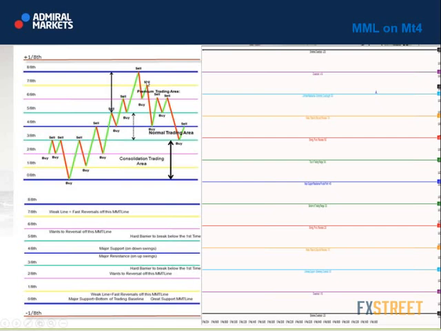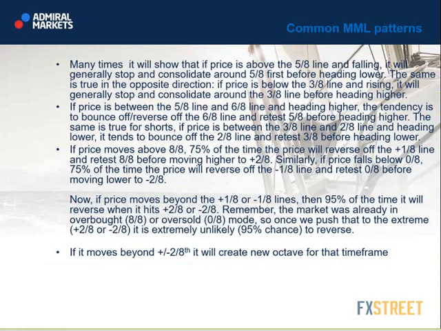Many times the price will show that if it's above the 5-8 line, it will generally stop and consolidate around 5-8 before heading lower. It's also time for you to snapshot the screen, because this is important for your trading decisions.